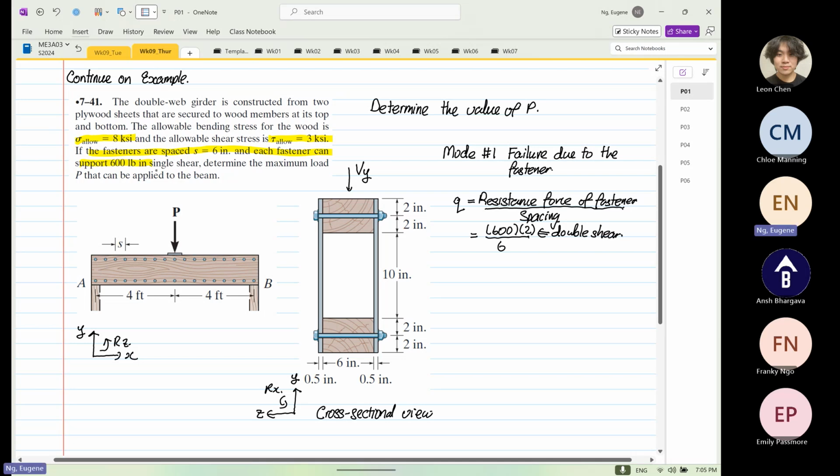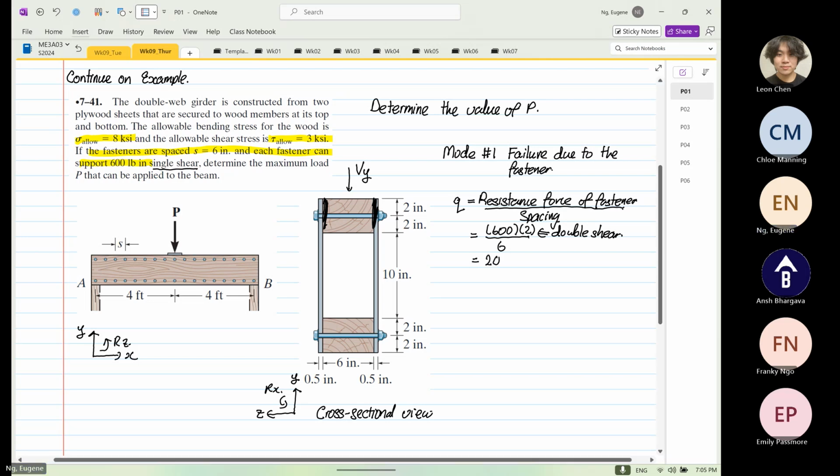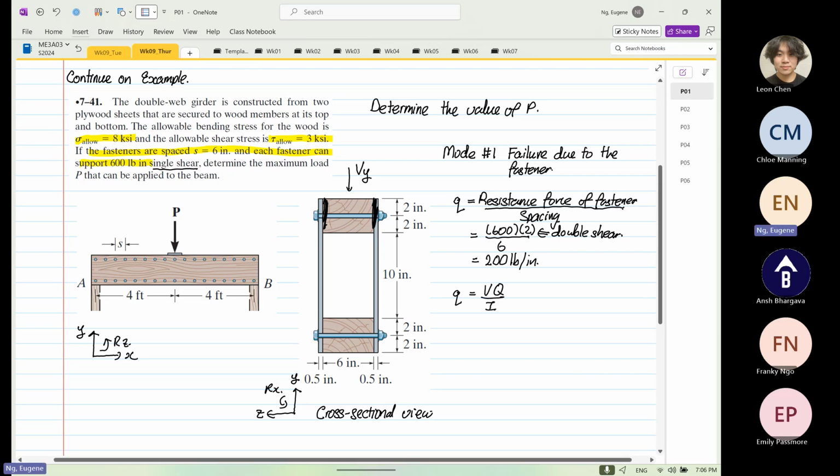Given to us, the 600 is a single shear; you multiply by 2 because you have 2 surface areas over here. So it's a double shear configuration. So we have this as 200 pounds per inch.